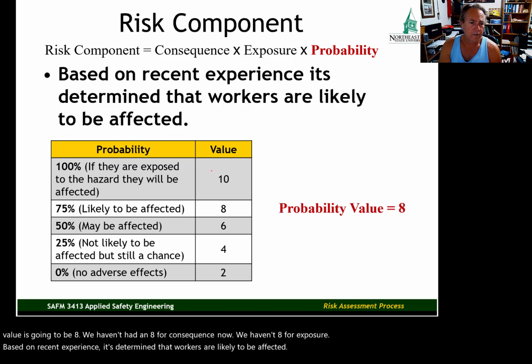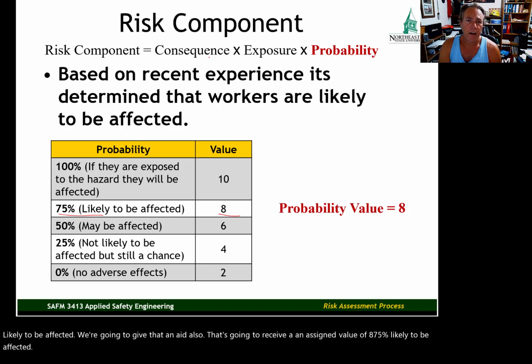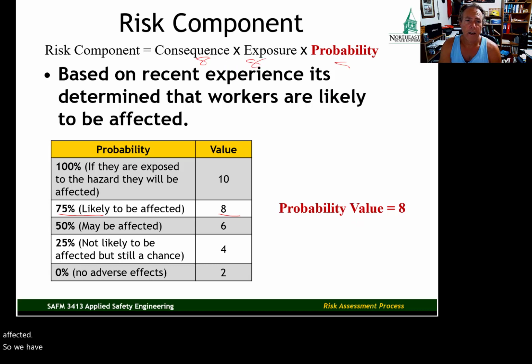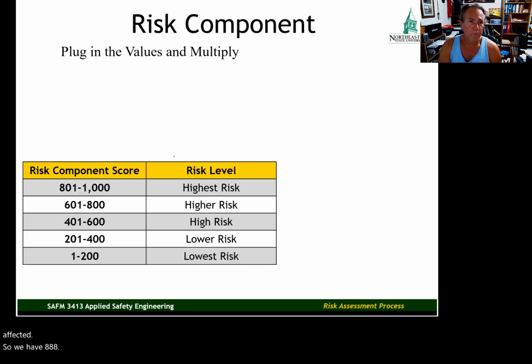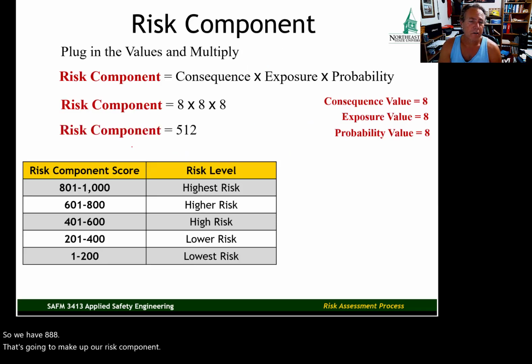Likely to be affected, we're going to give that an 8 also. That's going to receive an assigned value of 8. 75% likely to be affected. So we have 8, 8, 8. That's going to make up our risk component. Multiply everything out. Our risk component is 512.